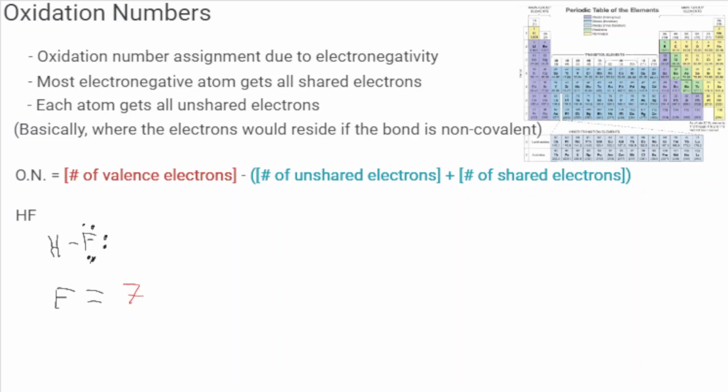Then we're going to subtract out the number of shared electrons, or sorry, number of unshared electrons. So in this case we have 6 dots, and the number of shared electrons. Now in this case, since fluorine is the most electronegative of the two, it's going to get all of these shared electrons.